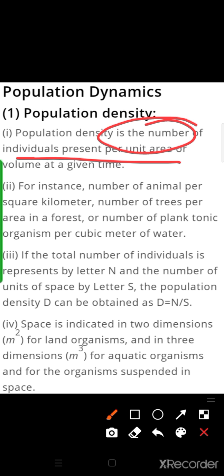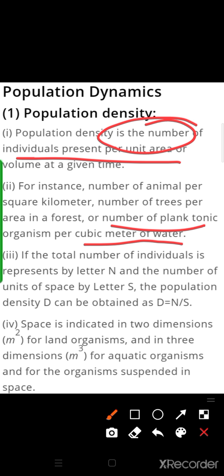In an aquatic ecosystem, how many individuals are present per cubic meter in aquatic bodies can be measured. Are you getting my point? So how many individuals are present in a given area is known as the population density.